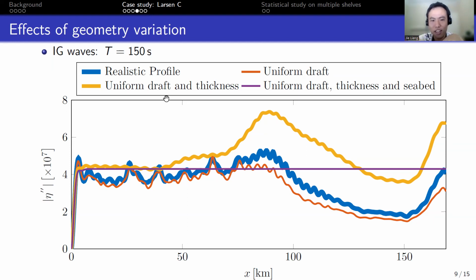Why? Because this one is a uniform seabed, and the yellow one, everything is the same, and the only variation is the seabed.